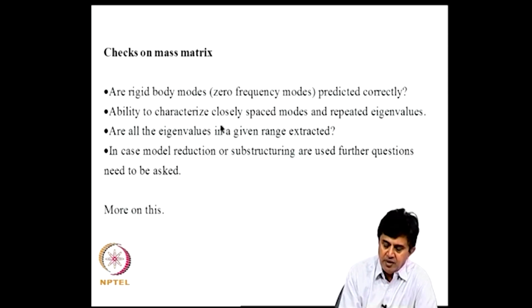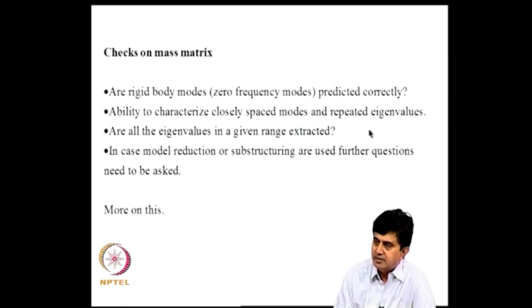Next, the question of ability to characterize closely spaced modes and repeated eigenvalues. We have seen that in structures displaying symmetry in stiffness and mass characteristics, spatial symmetry, the eigenvalues can repeat. For example, in a circular plate we saw in the previous lecture, which is fixed all around, there are 2 mode shapes for a given eigenvalue. So, how these things are handled, and if the natural frequencies are closely spaced, will my eigenvalue solver be able to handle that correctly.